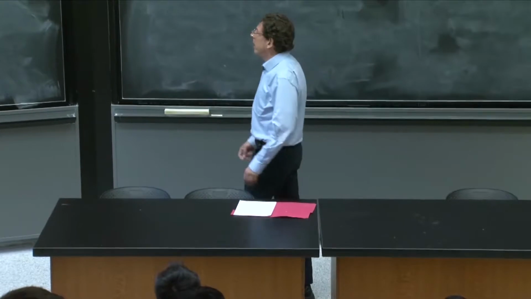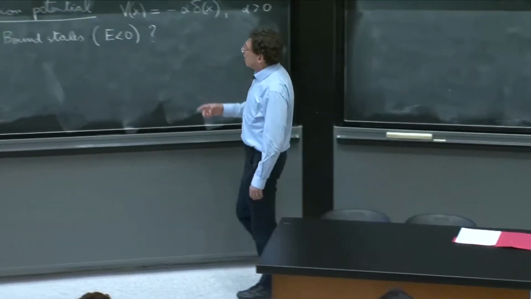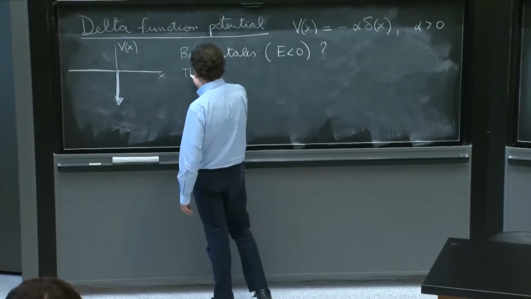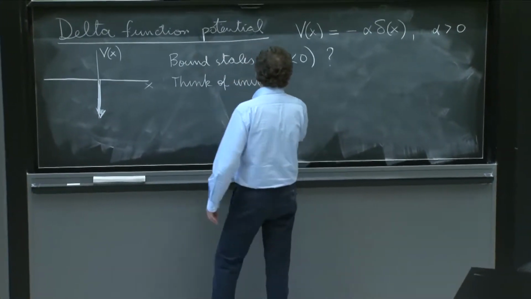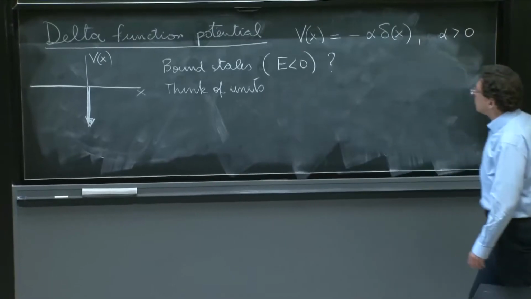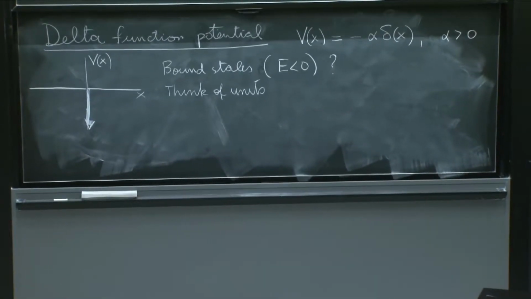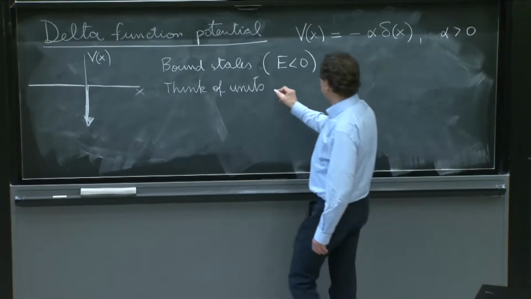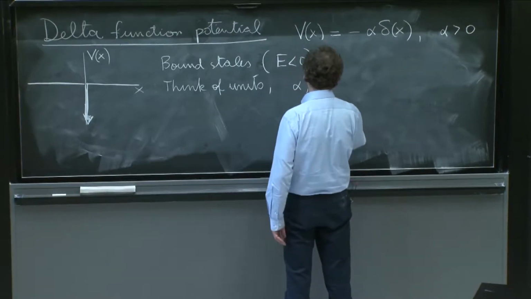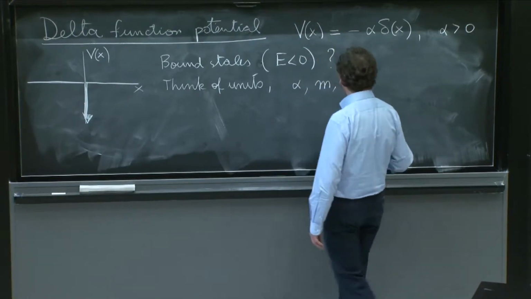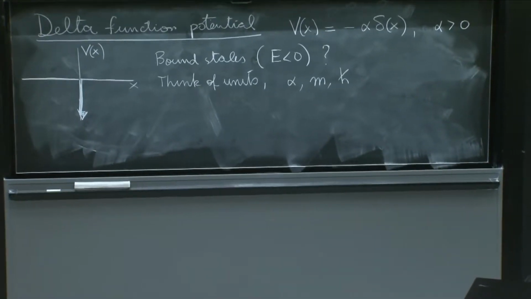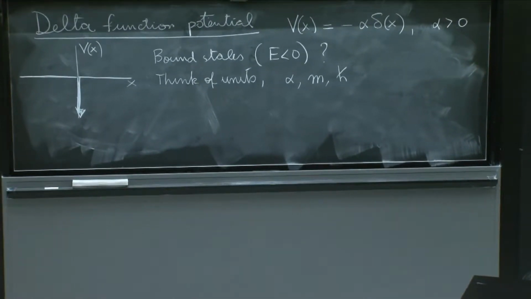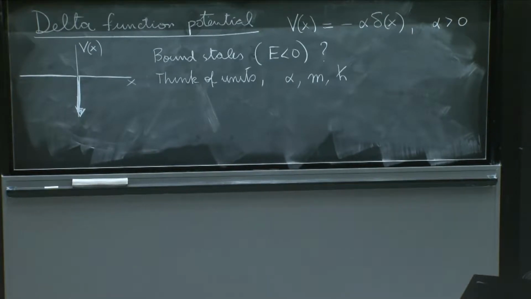So one way, as you can imagine, is to think of units. And what are the constants in this problem? In this problem, we have three constants: alpha, the mass of the particle, and h bar. With alpha, the mass of the particle, and h bar, you can ask, how do I construct a quantity with units of energy?